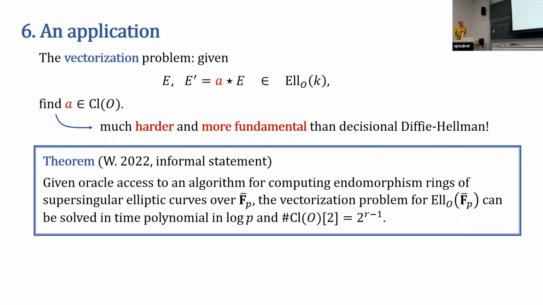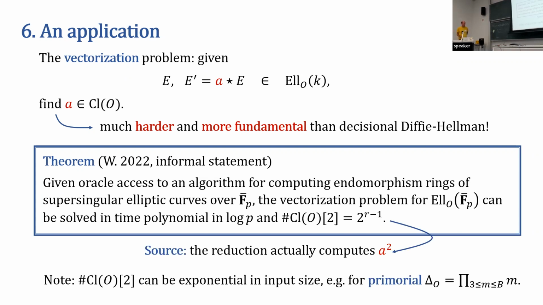He showed that if you can compute endomorphism rings of supersingular elliptic curves, so he's focusing purely on the supersingular case, then you can indeed solve the vectorization problem in a time which is polynomial in log p, but also polynomial in the size of the 2-torsion part of the class group. And this is potentially very big. So in the cases where this is very big, this is not a very useful reduction.